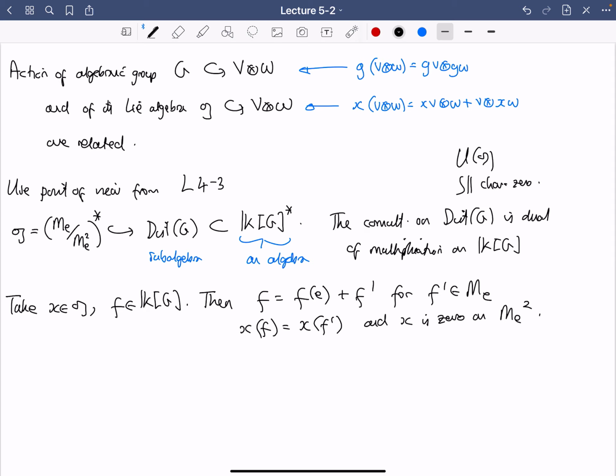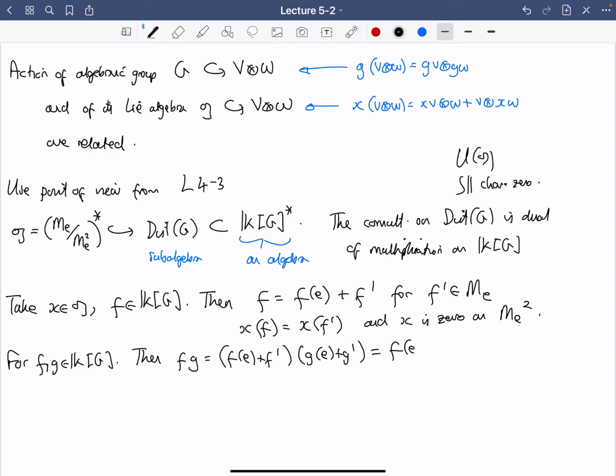Now we're trying to calculate the dual of the commutative multiplication on the coordinate algebra. So let's take both f and g in the coordinate algebra. Then f times g is f of e plus this f prime, times similarly g of e plus g prime in that maximal ideal.